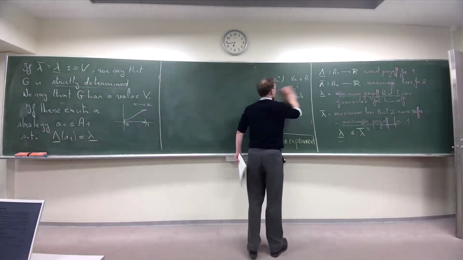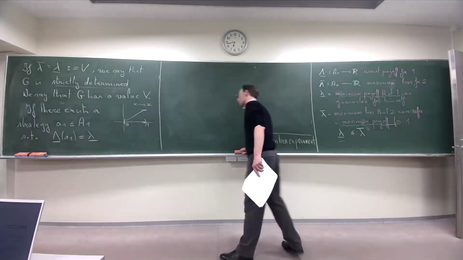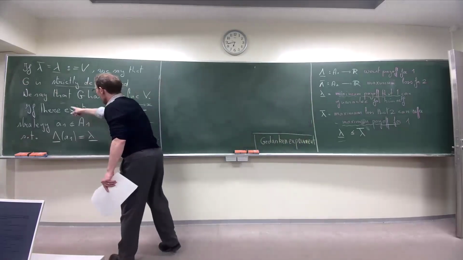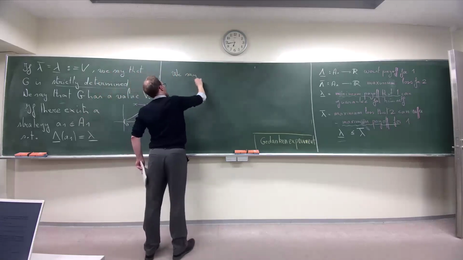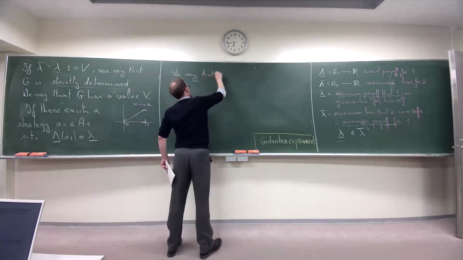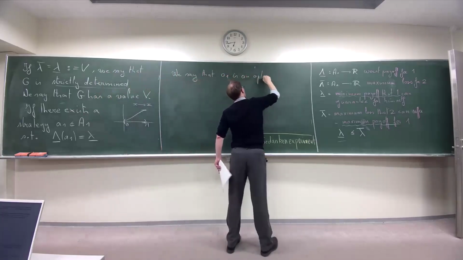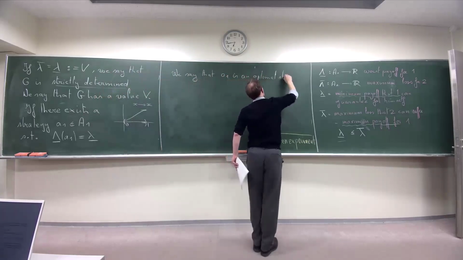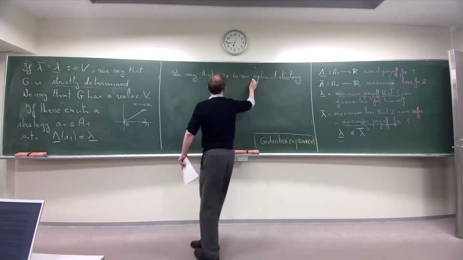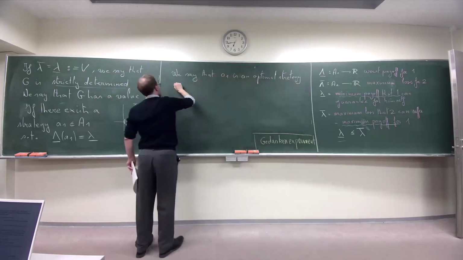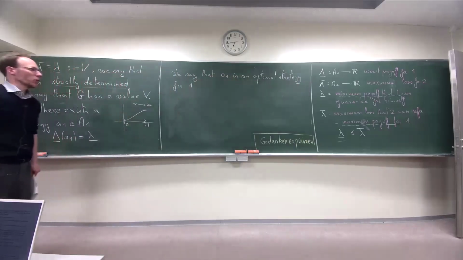But even if we are in this setting with an equality, it doesn't always exist. So if there exists A1, we say that A1 is an optimal strategy for player one. I just write one, but you have to understand it means for player one.